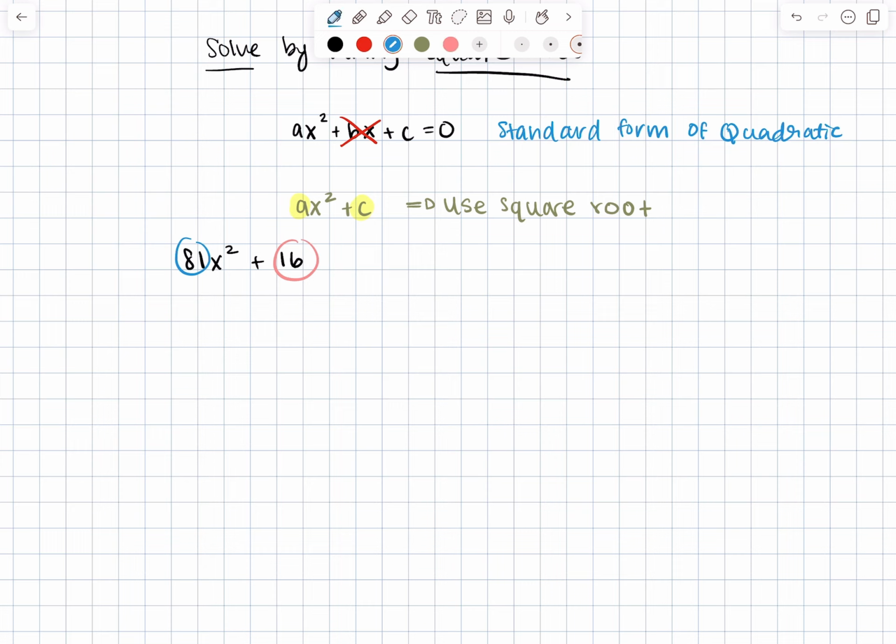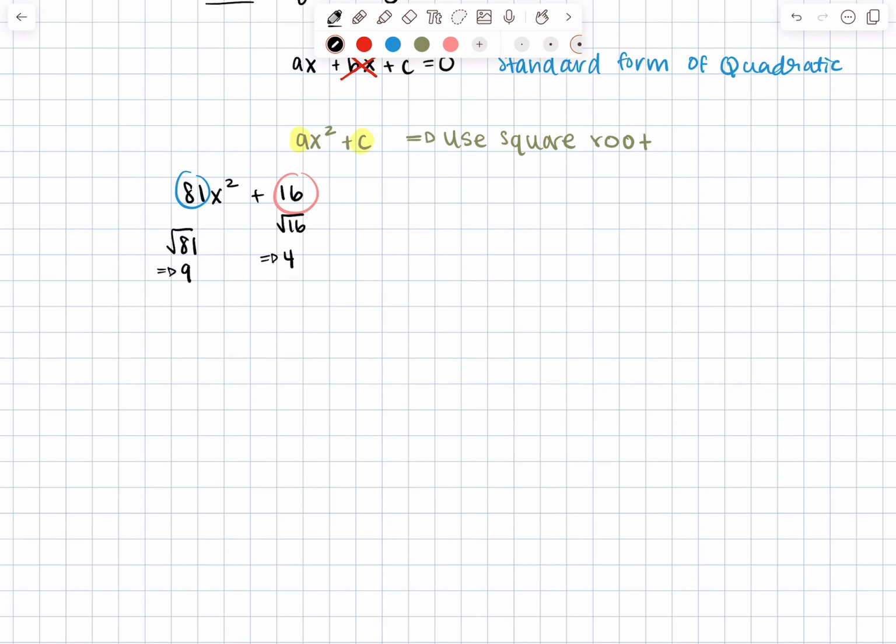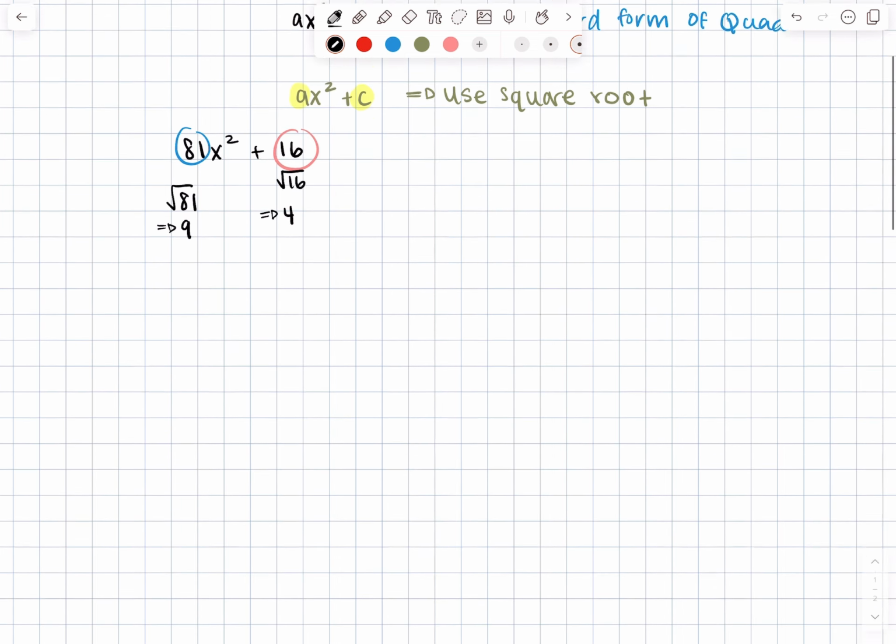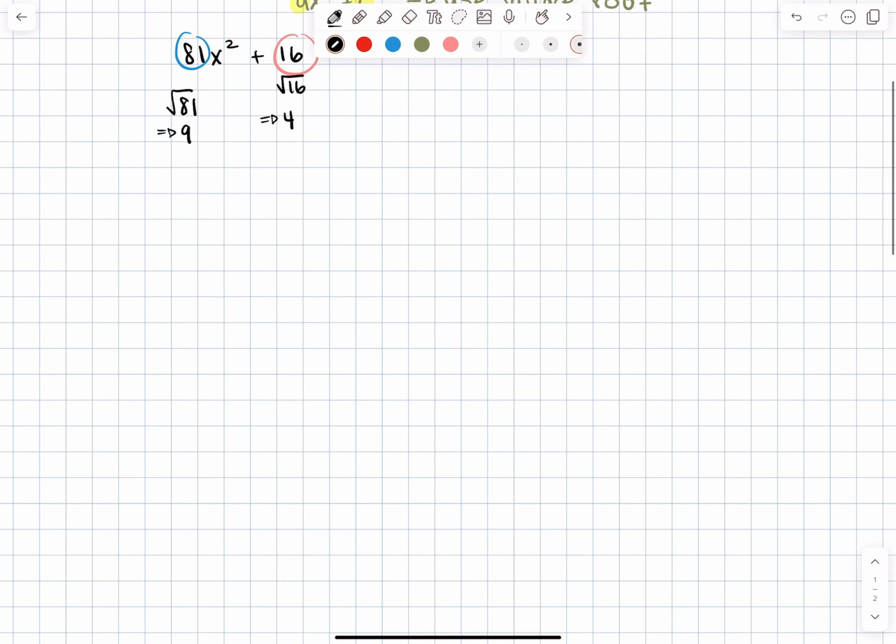Both of these values, you can take the square root of and get a whole number. The square root of 81 gives you 9, and the square root of 16, the c value, gives you 4. So make sure when you take the square root of your a and c values, you get a whole number. Let's dive into some examples.